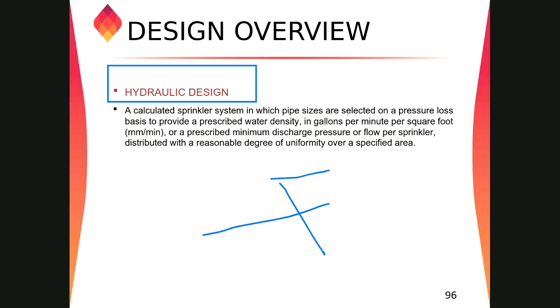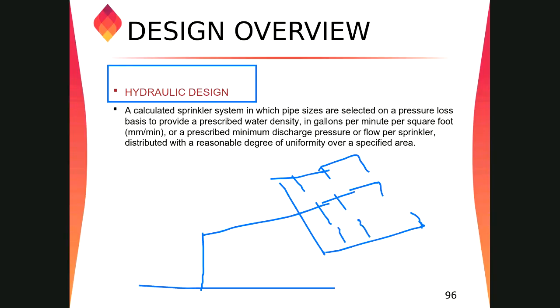Once we perform our calculation, let's say these are your sprinklers, and everything comes from the underground fire water network. We have to get our calculation from this point.